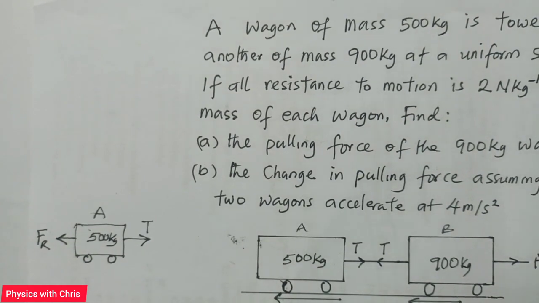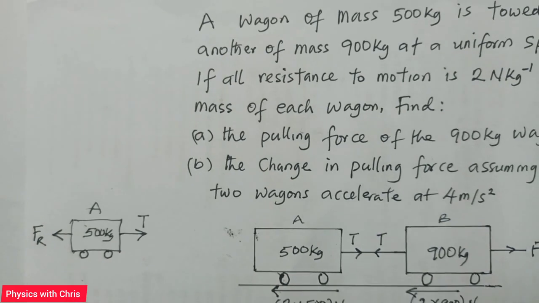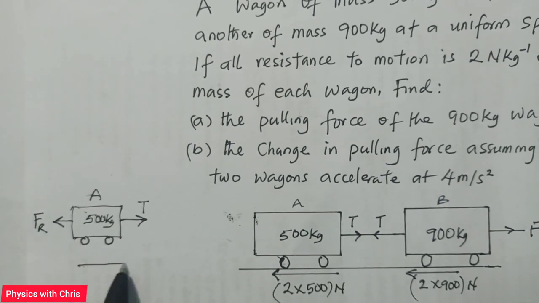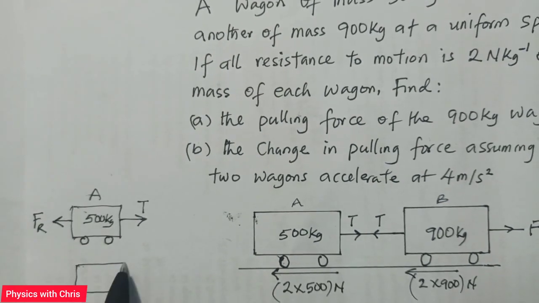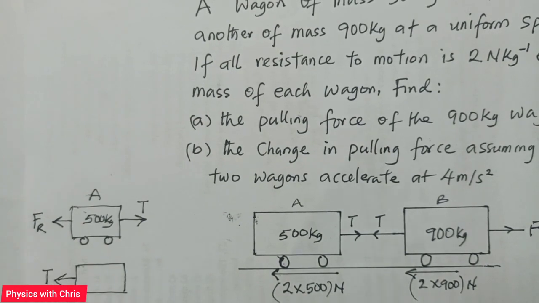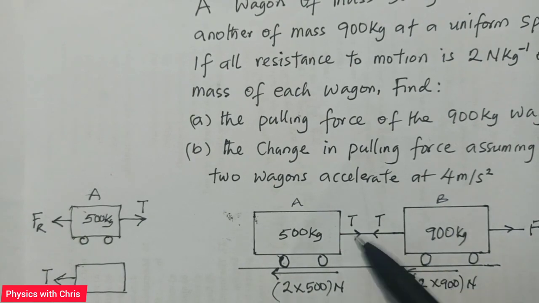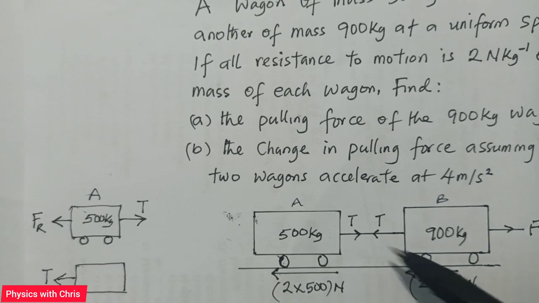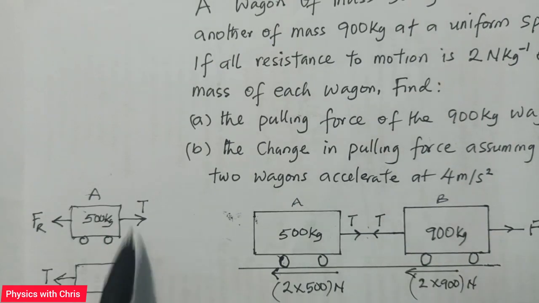Then for wagon B, let me just place it below here. This wagon B, I want to draw the forces acting. Now you can see that the tension here is the same by Newton's third law of motion. Because if I cut this rope into two, I have this.